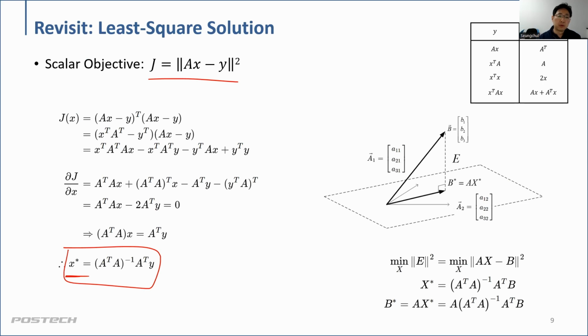If you love to think in geometric interpretations, this one might be easier for you, or if you love calculus and derivatives, you can do it that way as well. It doesn't matter. The only thing is that at the end, you end up having the same solution.